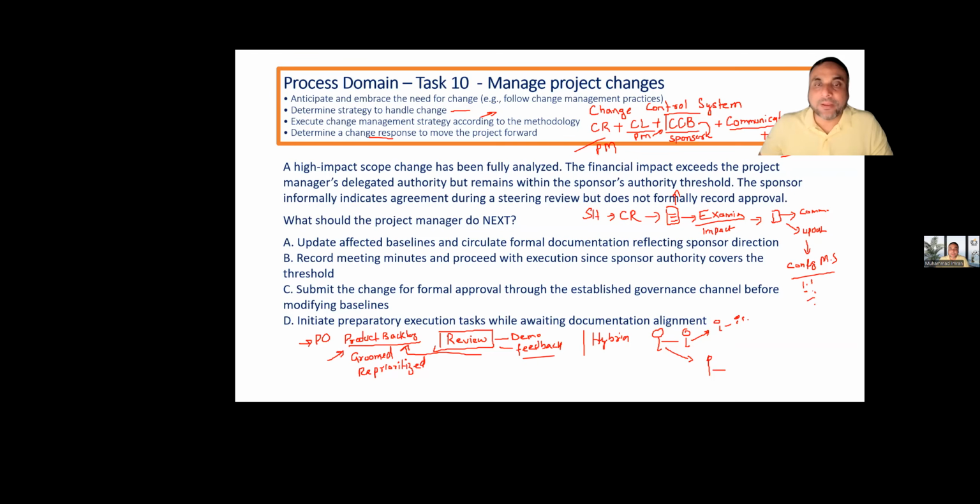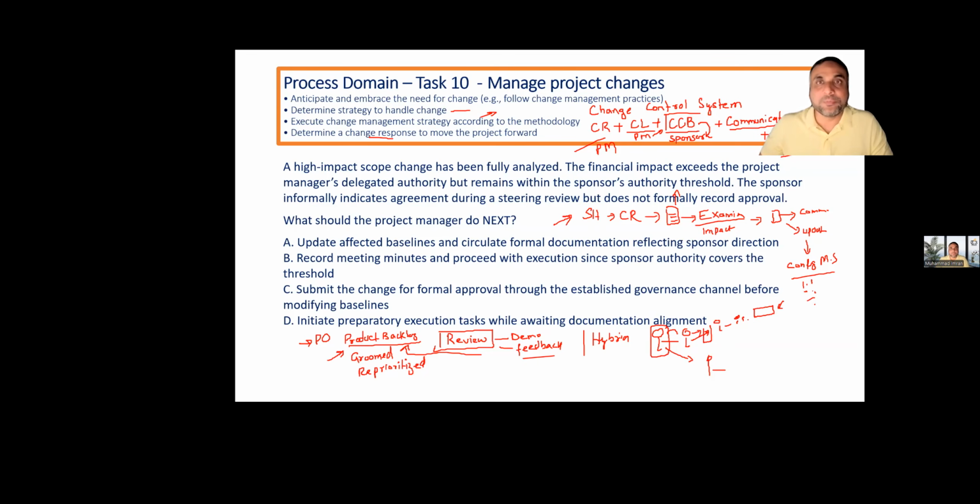So if there are minor changes, the product owner can update the product backlog based upon the review meeting feedback. If it is a major change which requires baseline update, baselines are still in the control of project management. So for any decision related to the baseline change, the project manager has to follow the same process which we have discussed here, the predictive process, because this requires a major change.